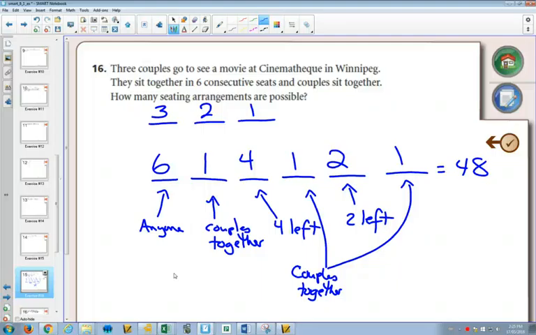So for this one, you'd have to multiply by 2. This one, you'd have to multiply by 2. And this one, you'd have to multiply by 2. And if we did 3 times 2 times 2 times 2, we get 48 again. Thinking of the same problem with a different strategy.